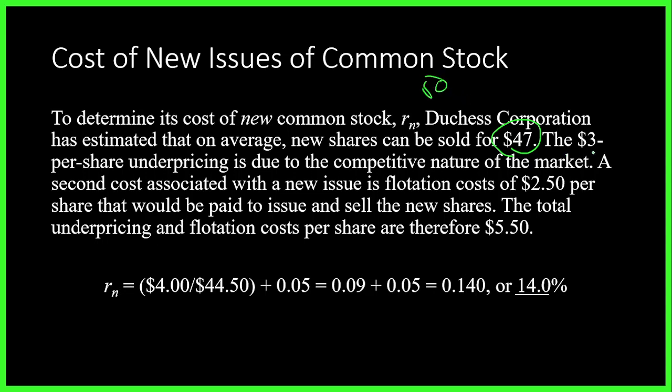So, in-explain lang niya dito, why is it sold for 47? Kasi na-underpriced siya by 3 due to the market's competitive nature. And then you have other flotation cost which is 2.5. So minus 3 minus 2.5, magkakaroon ngayon tayo dito ng 44.50. So, yun po yung net proceeds natin.